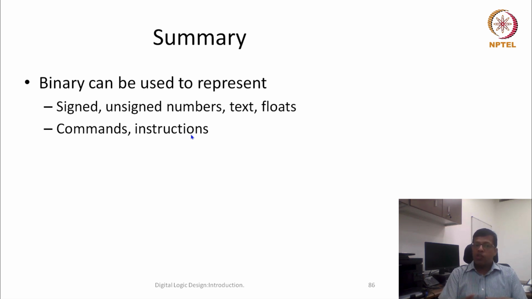And somebody in the hardware is taking care that if you are representing that number as an integer, it should always be considered as an integer, unless you typecast it. When you typecast it, then you are asking hardware to not consider this number as an integer, but let's say consider it as a float or a character or an array of characters.